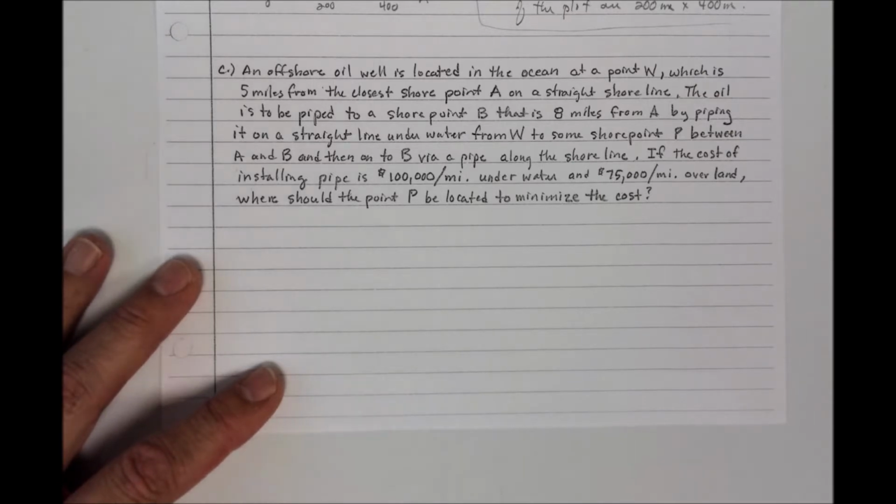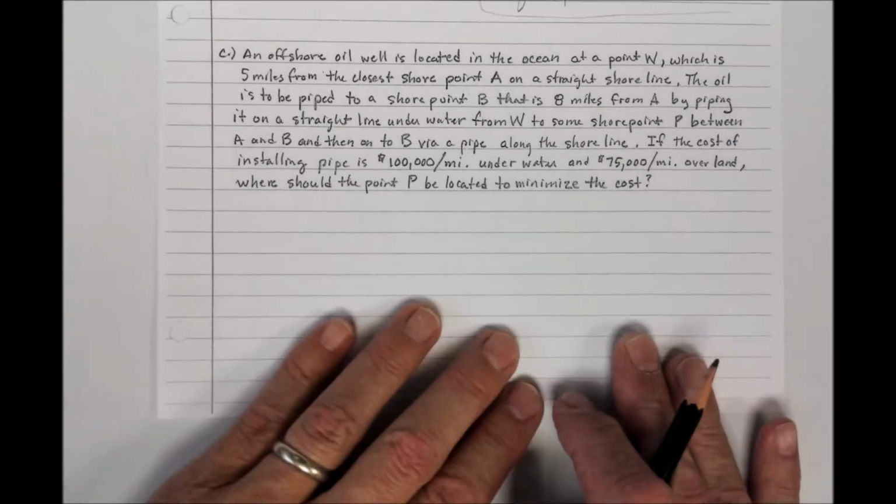If the cost of installing pipe is $100,000 a mile underwater and $75,000 a mile over land, where should the point P be located to minimize the cost? Yeah, I'm going to need more paper here, I think.